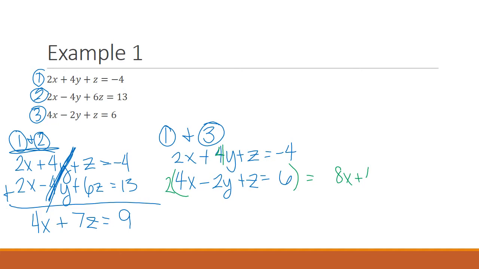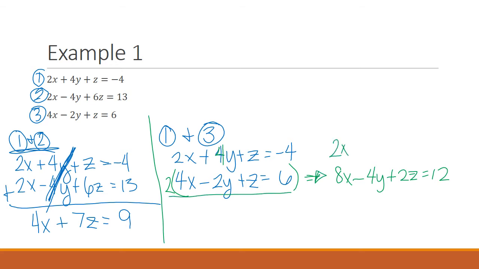I want those to cancel out, but one of them is already negative, so I can multiply by +2. So I get 8x minus 4y plus 2z equals 12. I'm just multiplying everything by 2, and the reason I did that is because I want my y's to cancel out with equation number 1.